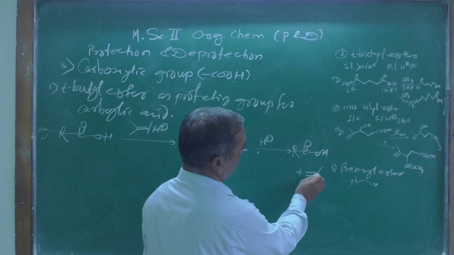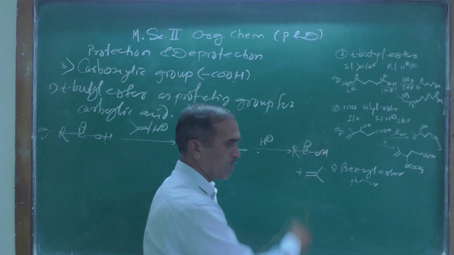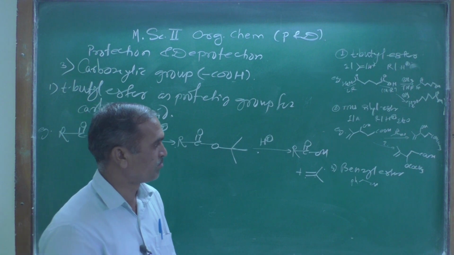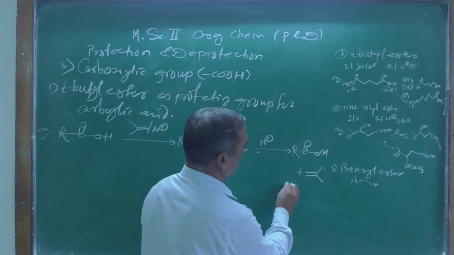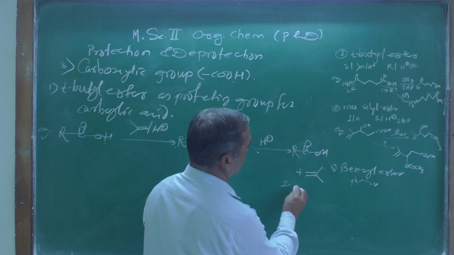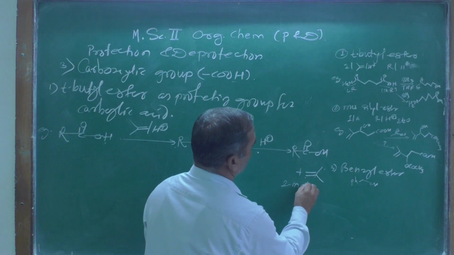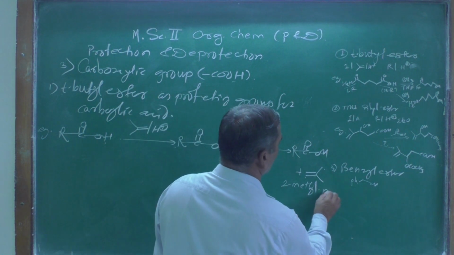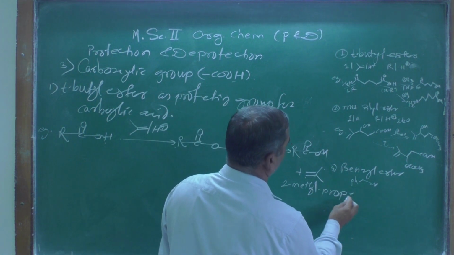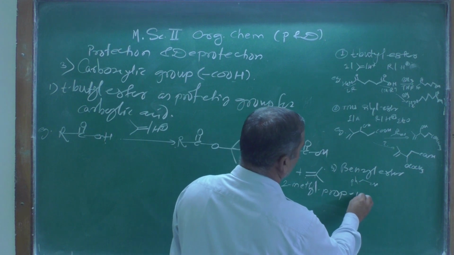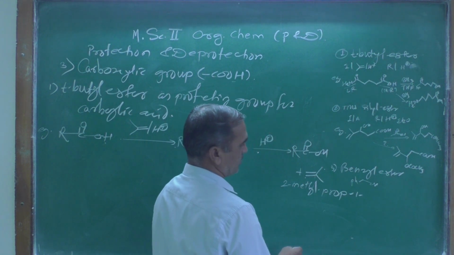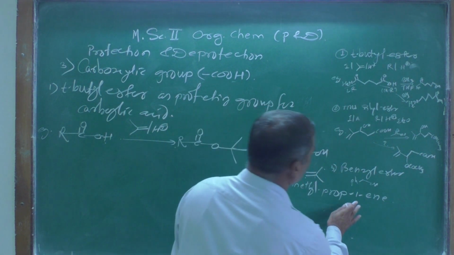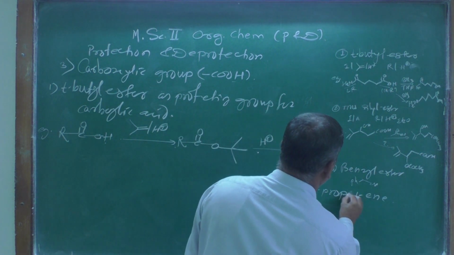Suppose 1, 2 and 3. There are 3 carbon atoms in a straight chain, and at the 2 position there is a methyl group. So we can call it 2-methyl, 3 carbon atoms in the straight chain, so prop. At the 1 position there is a double bond, so we call it ene, propene.